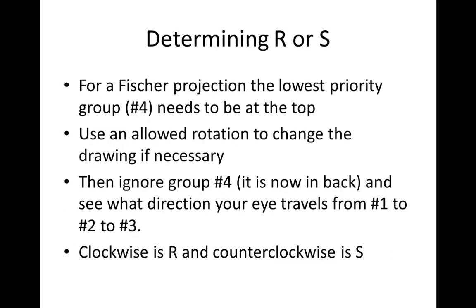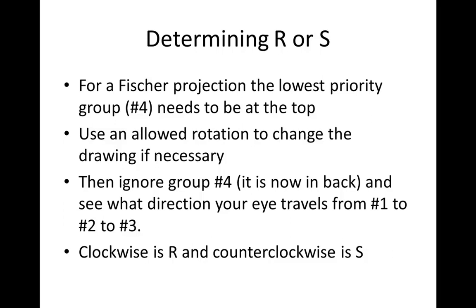Once you have a Fischer projection, in order to determine whether your stereocenter is R or S, you need the lowest priority group to be at the top. That's why you need these allowed rotations, because sometimes they're not drawn that way initially. So you do an allowed rotation to get the lowest priority group to the top.